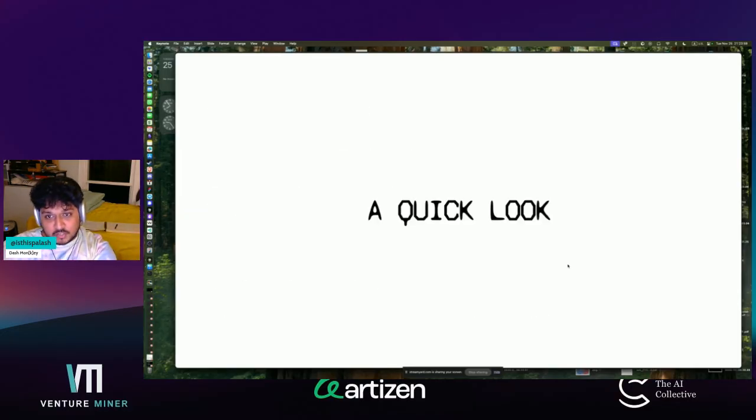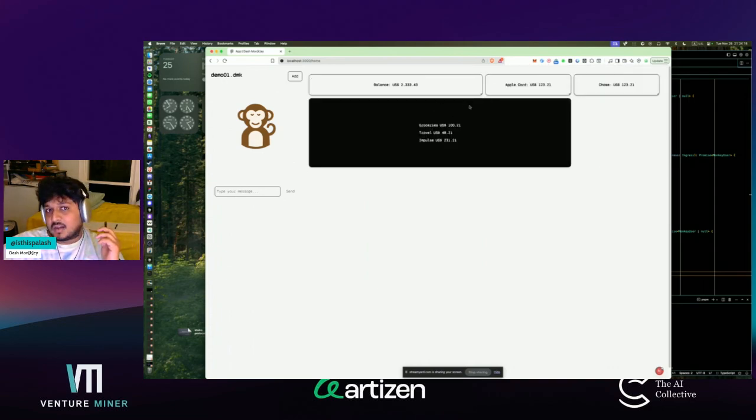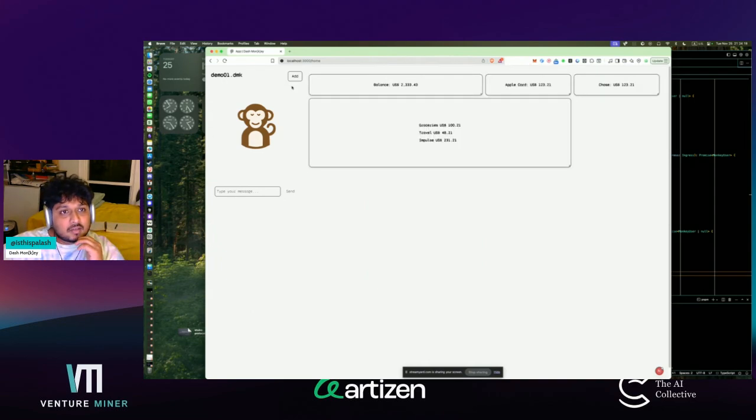Just for a quick look into the app, keep in mind that this is a very rough prototype. But the idea is that you have a sidebar with your monkey right here. And on the main content, you also have numbers if you do want that.